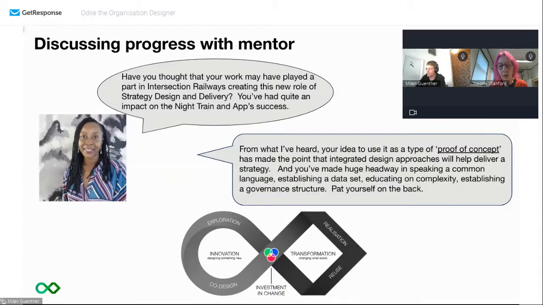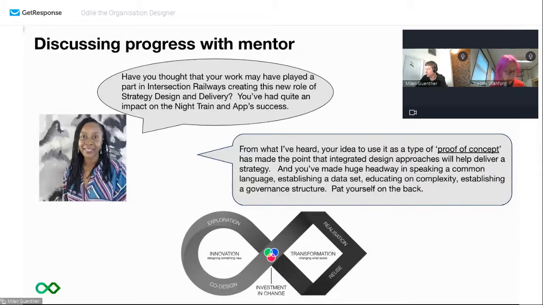And even if you want to stay in your own part of the organization, say as an enterprise architect, which are typically in the IT role or the digital role, if you have a dotted line into design and delivery in its overarching way of design work, you're then starting to build that collaborative approach with a common language, a common data set, which is what Odile has worked towards. And you can see what she's achieved, and the educating on complexity and the data set are both core parts of this.